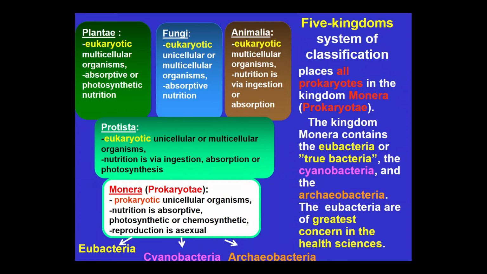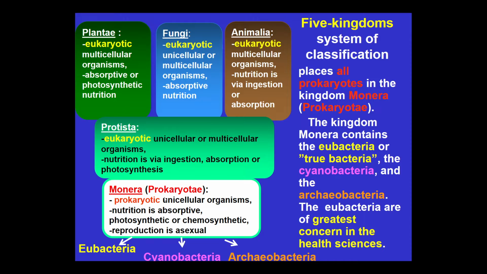First, let's take a look at the older one. Here you can see five kingdoms: Plantae, Fungi, Animalia, Protista, and Monera. Out of all five kingdoms, the only one with bacteria is called Monera.